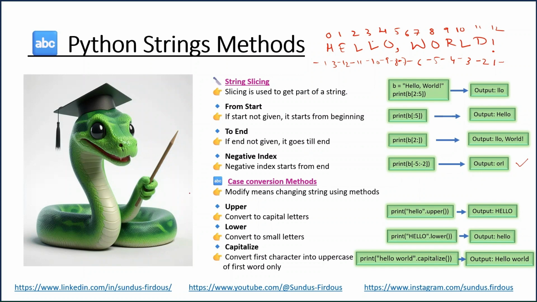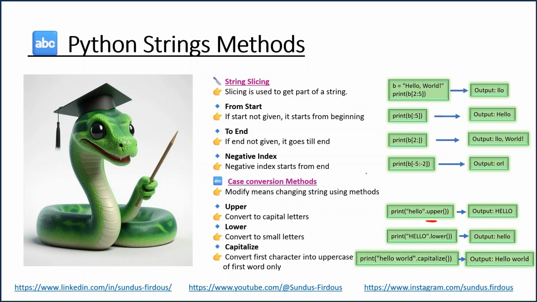Now the case conversion methods. Case conversion methods modify the string. If I use the upper method, it will convert my hello string into uppercase, so all the characters are converted into uppercase. If I use the lower method, it will convert my hello string into lowercase only.